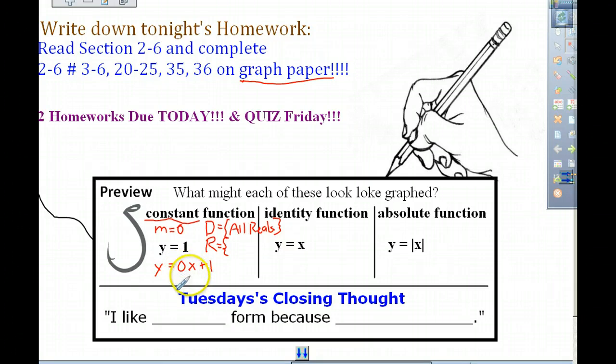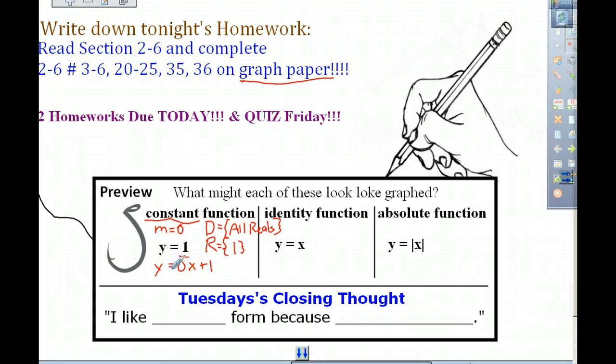Negative a million. Okay, 0 times negative a million is 0, plus 1. Answer is 1. Negative 2. 0 times negative 2 is 0, plus 1 is 1. So anytime you plug in negatives, you get an answer of 1. You plug in 0, you get an answer of 1. You plug in any positive number, you get an answer of 1. So the range is 1. All your answers are 1.